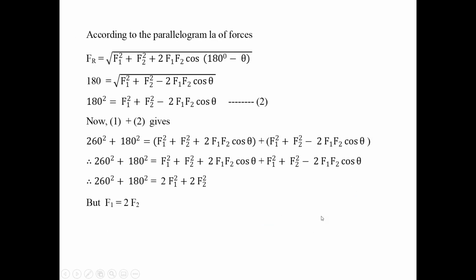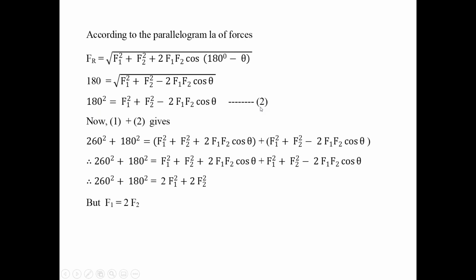So Fr is equal to root of F1 square plus F2 square plus 2F1 F2 cos 180 minus theta. Cos 180 minus theta is minus cos theta. Fr is 180 newtons. So 180 is equal to root of F1 square plus F2 square minus 2F1 F2 cos theta. Square the equation on both sides. You will get 180 square is equal to F1 square plus F2 square minus 2F1 F2 cos theta.